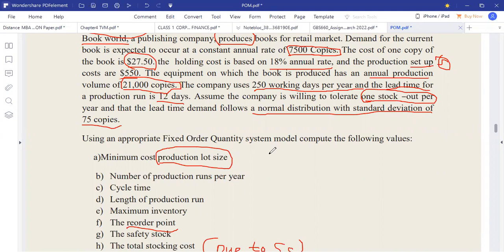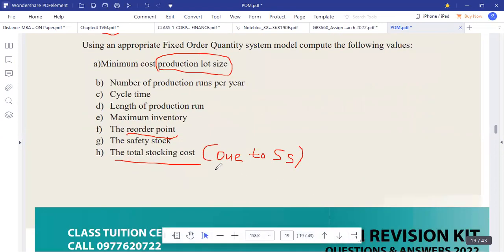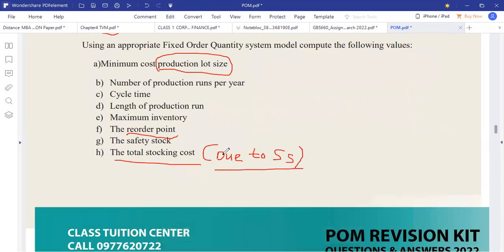Next, we need to get into our discount model, unless there are questions people would want to ask before we proceed to the last model in inventory management, which is the discount model.